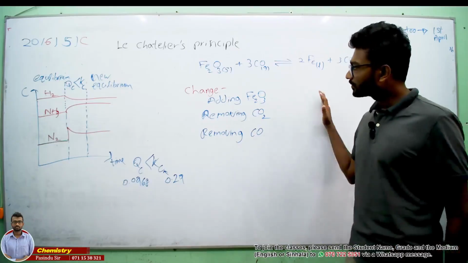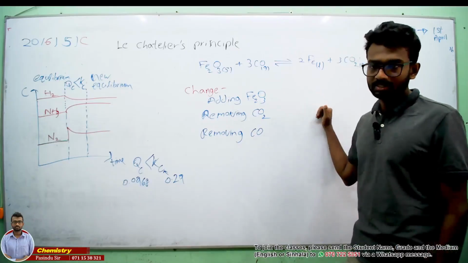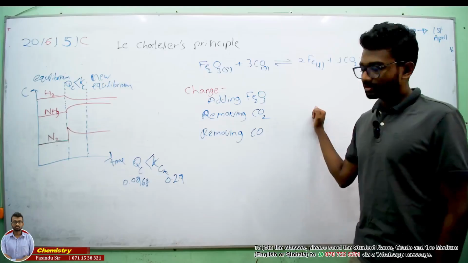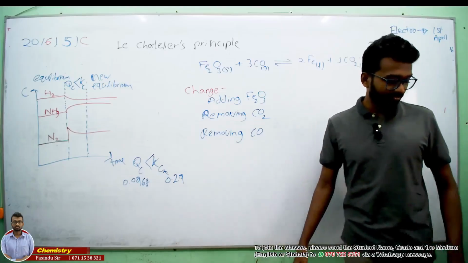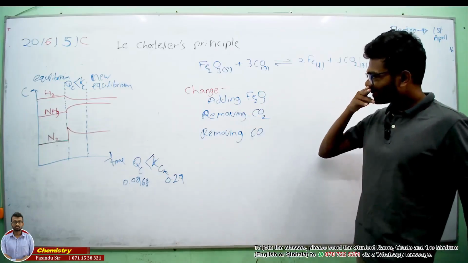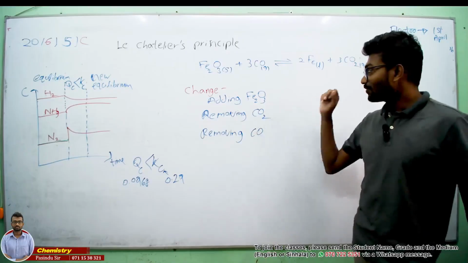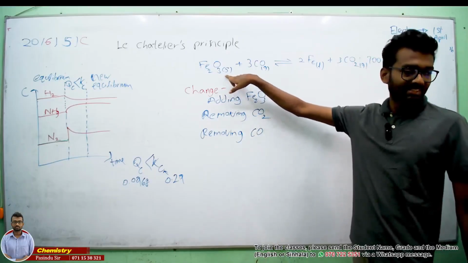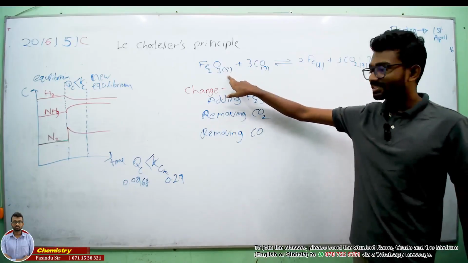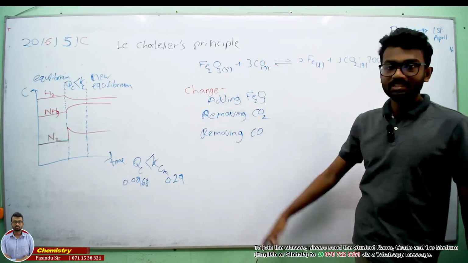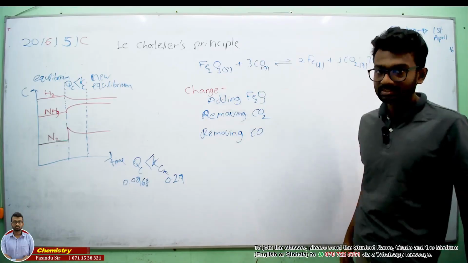So what will happen when we add Fe2O3, hematite? Can you explain what happened? Okay, then write it. First one. Oh, we don't write this one. This is a solid. Do you remember yesterday? Does it affect? No. It doesn't even affect the Kp or Kc, the equilibrium constant.